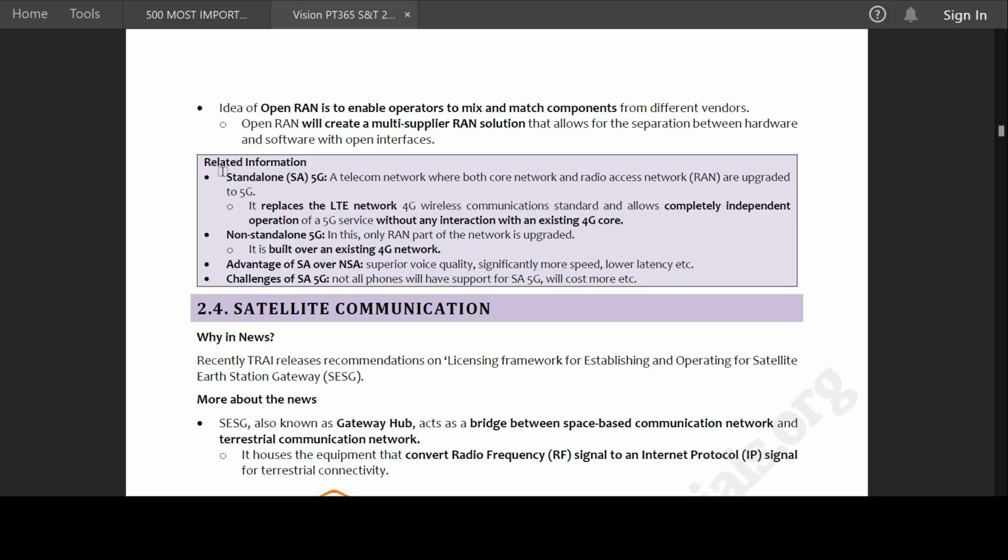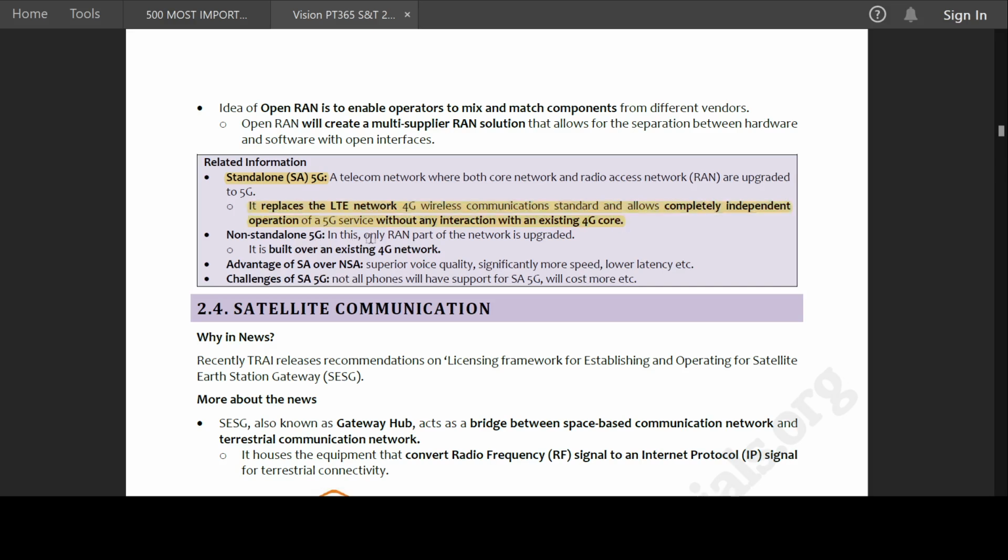Standalone 5G, that is SA5G, a telecom network where both core network and radio access network RAN are upgraded to 5G. It replaces the LTE network 4G wireless communication standard and allows for completely independent operation of a 5G service without any interaction with an existing 4G core.